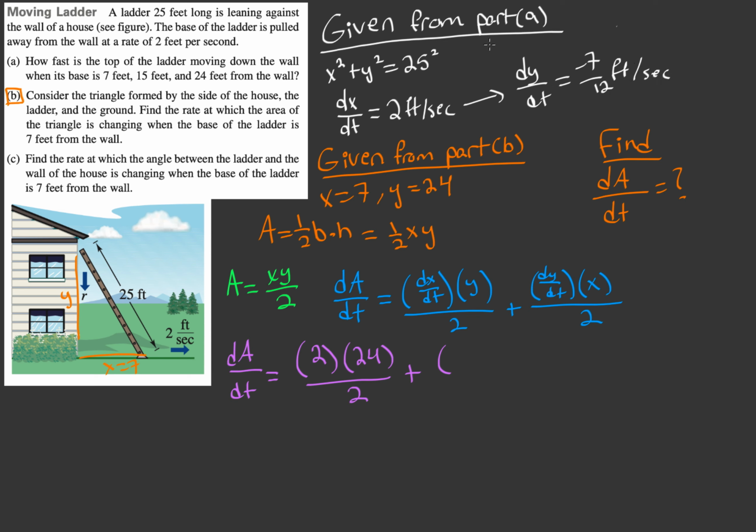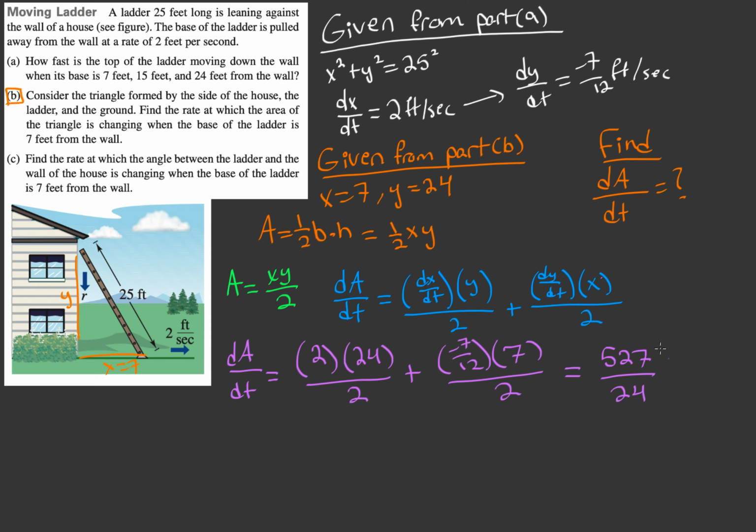This is why this information is crucial. I'd suggest going and watching that part first. So we have negative 7 over 12 times our x, which is 7, all over 2.